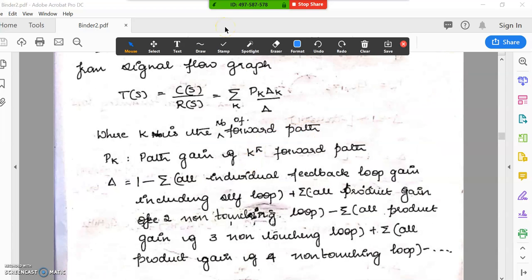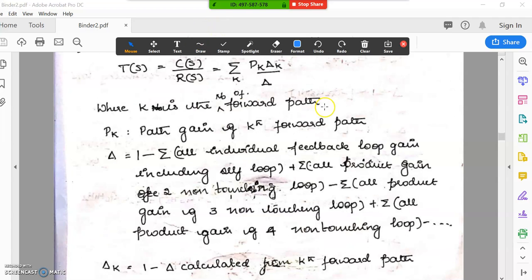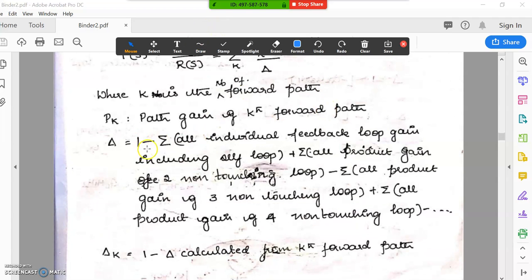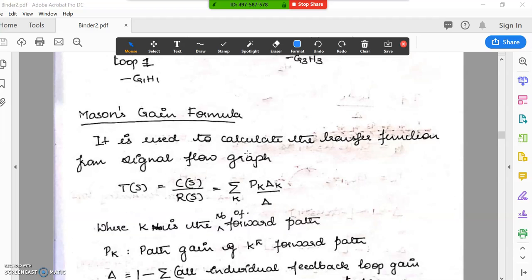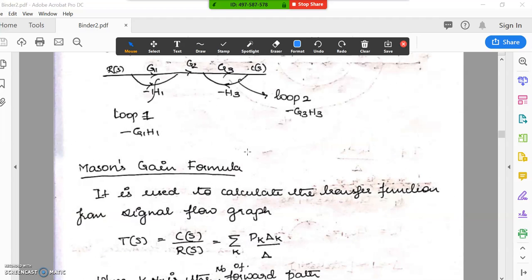Delta is equal to 1 minus the summation of all the individual feedback loop gains, including the self loop. That is, individually however many feedback loops you have, all those gains.